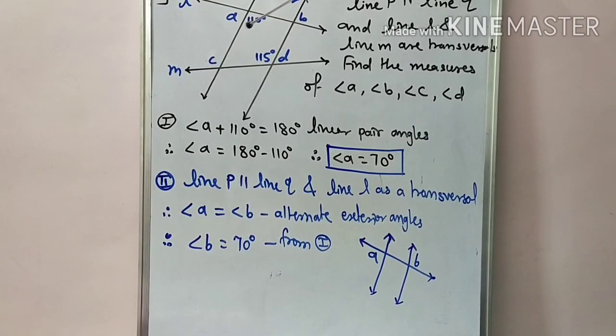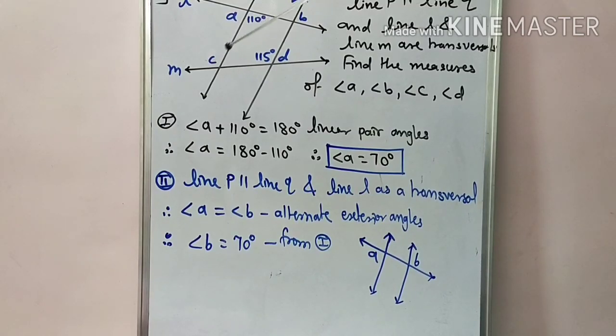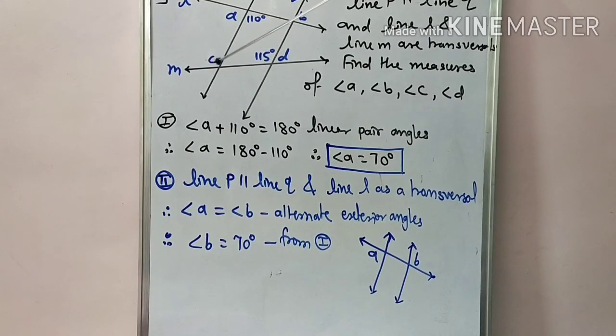Similarly, 110 and C are alternate angles, but we cannot say they are congruent, because these alternate angles are formed by L and M with transversal P, and L and M are not parallel to each other.